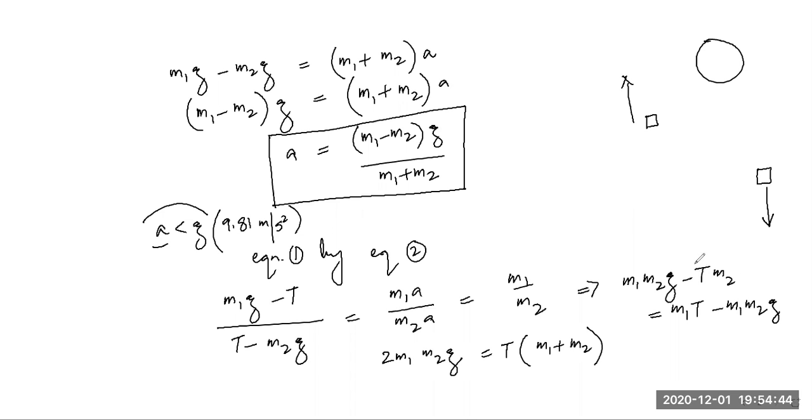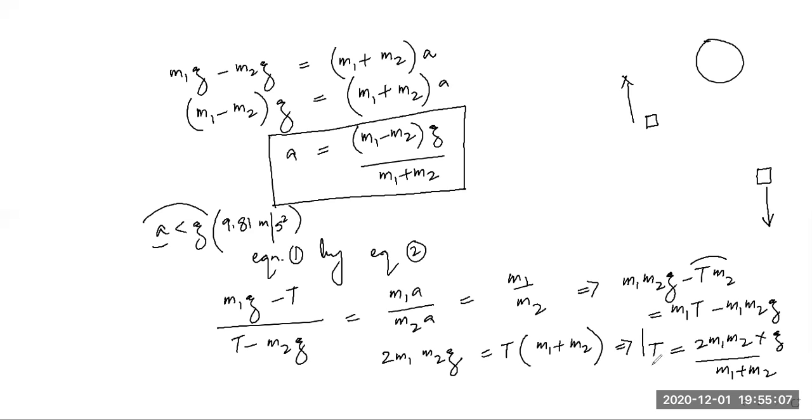This term can come on the right side, minus becomes plus. So from this we will get another formula, T, that is tension. Tension is equal to 2 m1 m2 into g divided by (m1 plus m2).